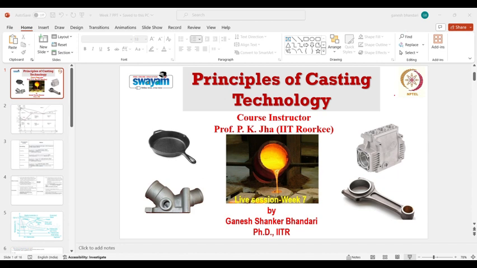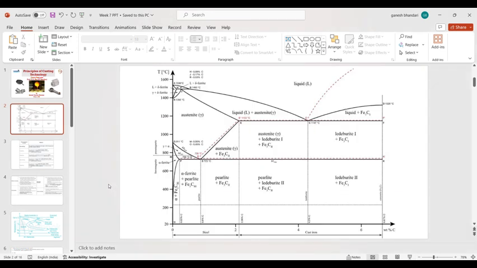So as we can see in this diagram, there are different types of phases given. The common phase which we see in day-to-day life is basically mild steel. You are not getting it?